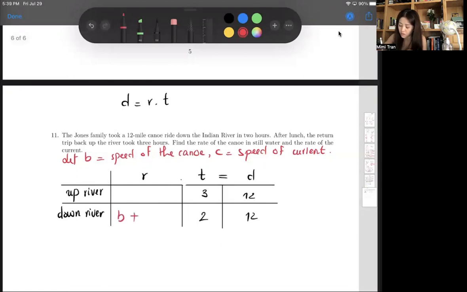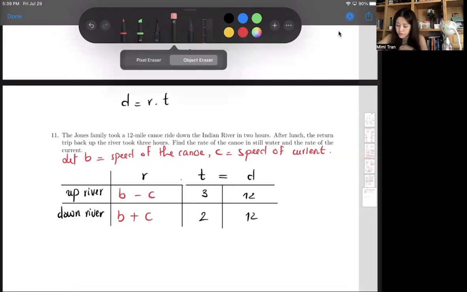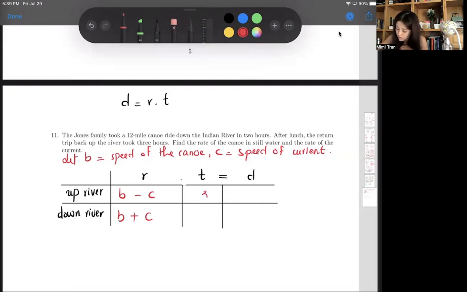Plus the rate of the current. And when you go upriver, you have to go against the current. So the speed of the boat minus the speed of the current, you have to overcome the speed of the current in order to move forward. Let me write all the things here in red: 3, 2, 12, 12.